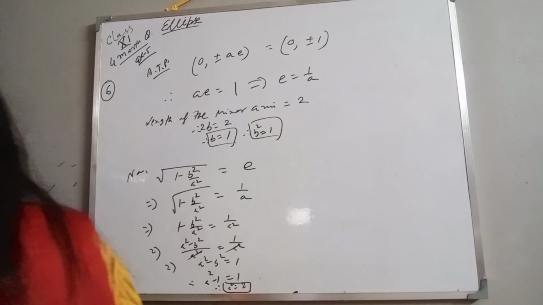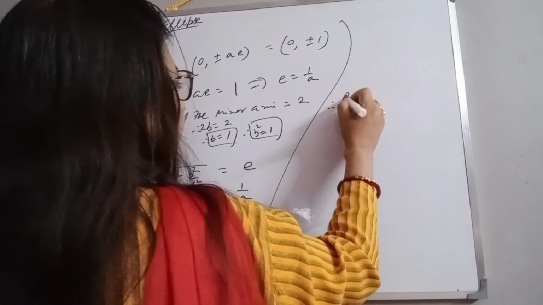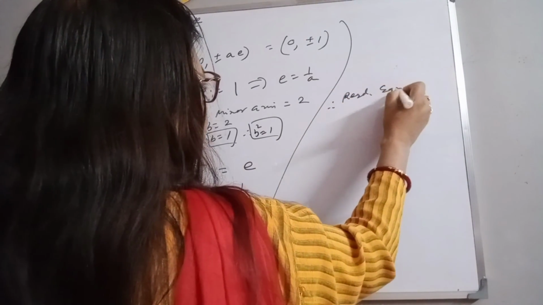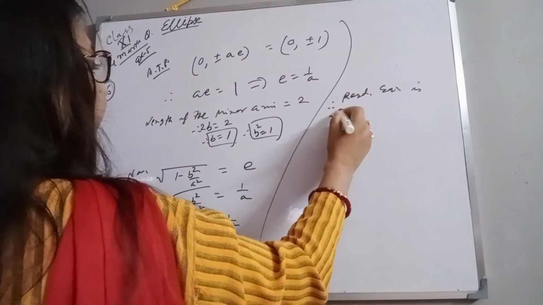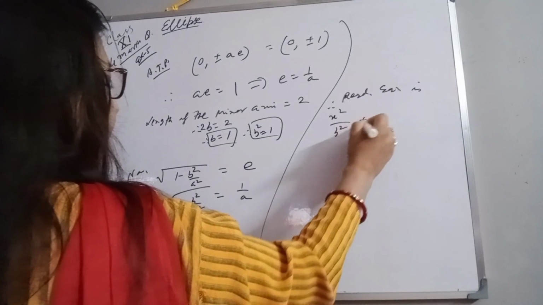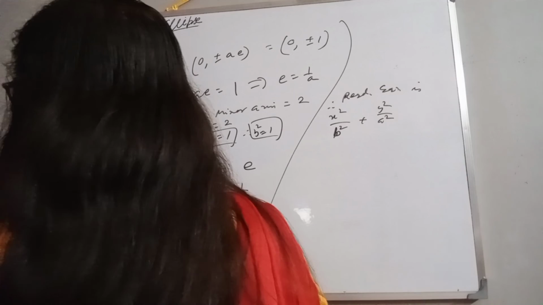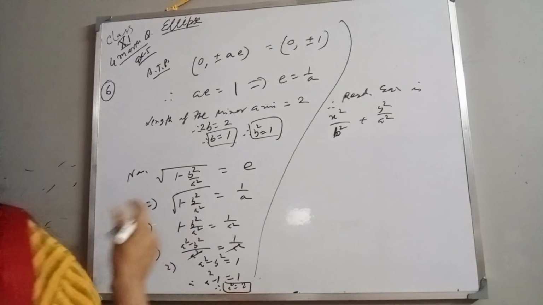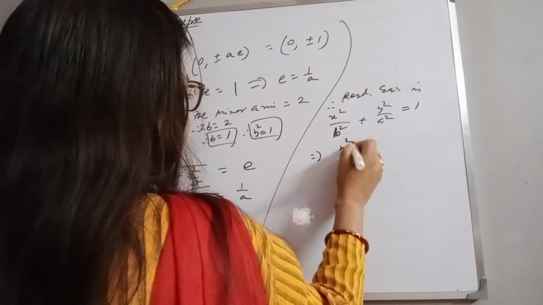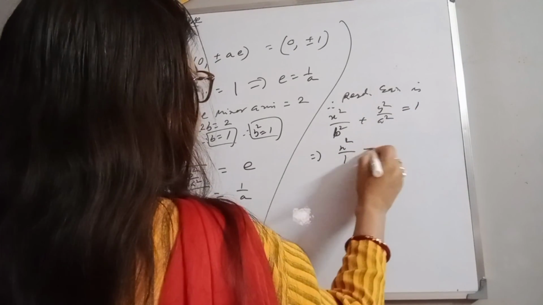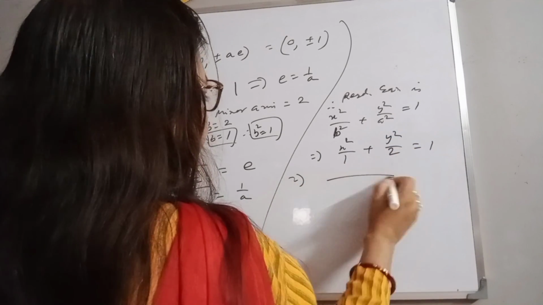So what is the required equation? The required equation is x square by b square plus y square by a square, because it is already given that the major and minor axes are along the y-axis and x-axis. So here x square by b square means x square by 1, plus y square by a square means y square by 2.